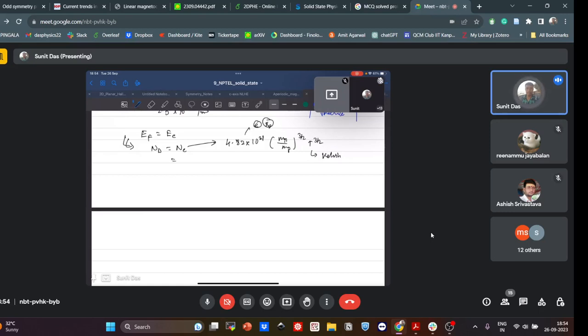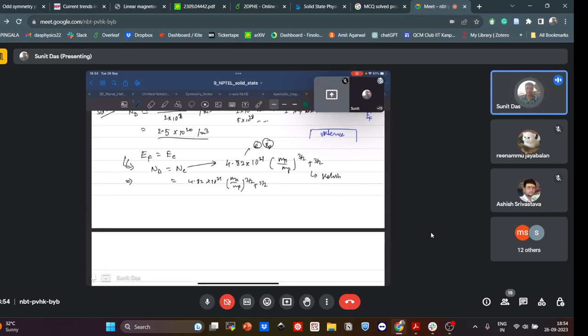So Nc is already given by this 4.82 into 10 to the power 21, with (mn/mp) to the power 3/2 and T to the power 3/2. And Nd we already found, right? 2.5 into 10 to the power 20.